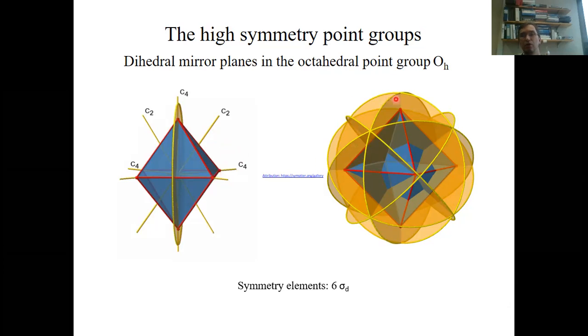So here you see all the 6 dihedral mirror planes that exist in addition to the 3 vertical mirror planes that we already considered. So how many symmetry operations do we have? Well, we have as many symmetry operations as we have symmetry elements. So we have also 6 sigma d symmetry operations.